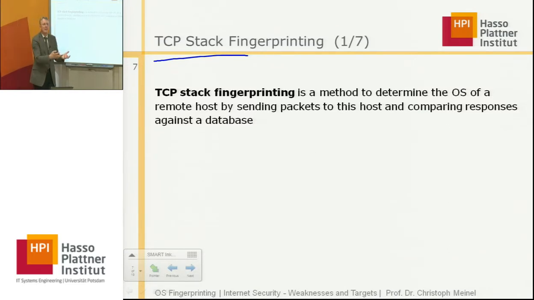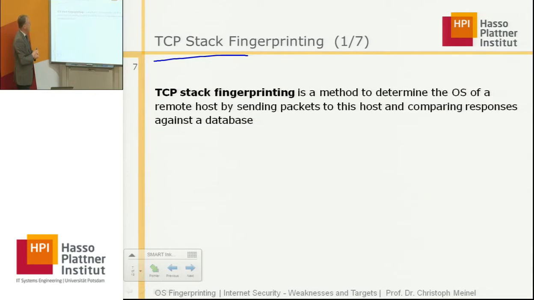And for each operating system, this protocol stack is implemented in a different way. So in some minor details, you see differences in the different implementations. And there are databases that show which difference gives a hint to the underlying operating system.